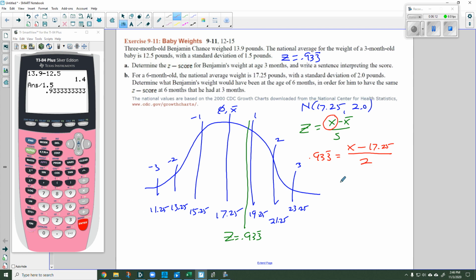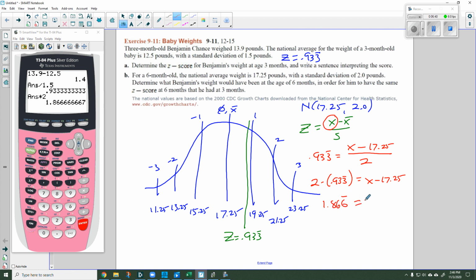So now I just have an algebra problem. It's going to be 2 times 0.933 is equal to x minus 17.25. So let's take my 0.933 up here and multiply by 2. And I get 1.866.